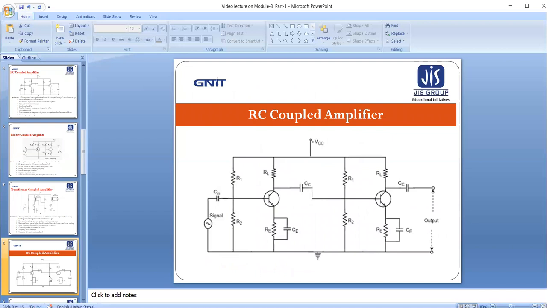So in our course, special emphasis is given to the RC coupled amplifier. So again, I have introduced this RC coupled amplifier. This stage is repeated once, and the coupling is performed by using this coupling capacitor CC.